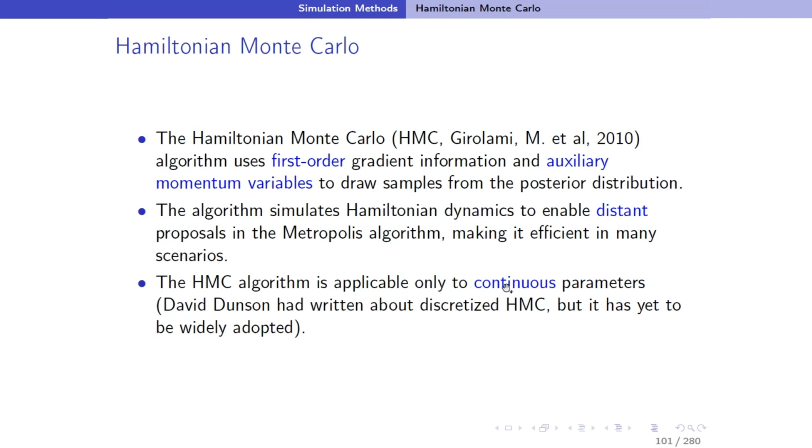It's like a latent variable to help you sample from a high dimensional joint distribution. Because of utilizing Hamiltonian dynamics from physics, you can generate samples that are very far away from the current sample, making it efficient in many cases.